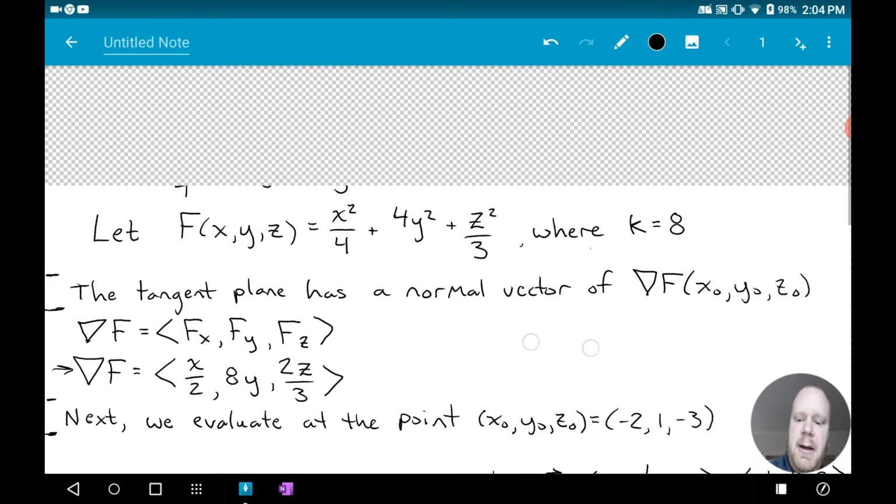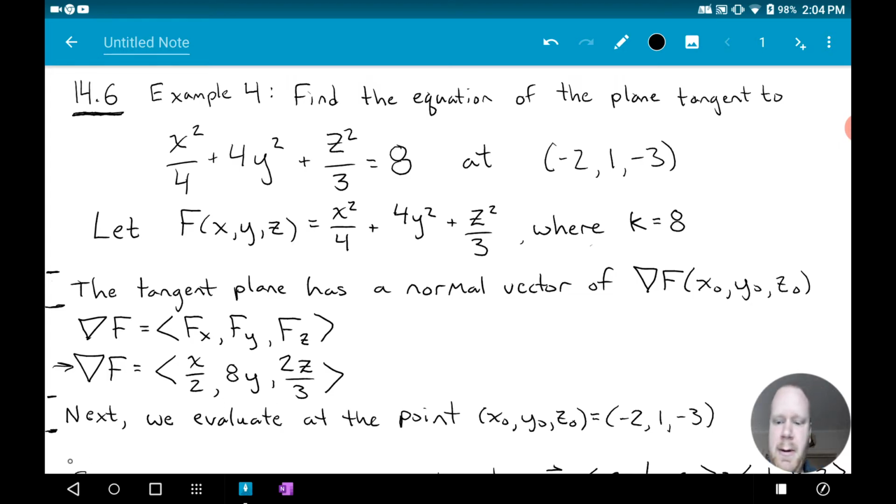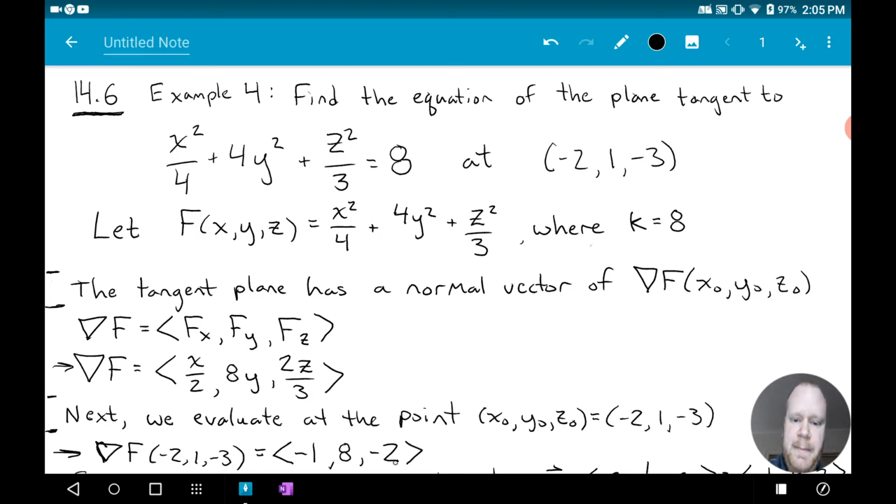So let's go ahead and do that. So gradient of F at -2, 1, -3 is going to be equal to, looks like -1, 8, and -3 will give us -2 for that.